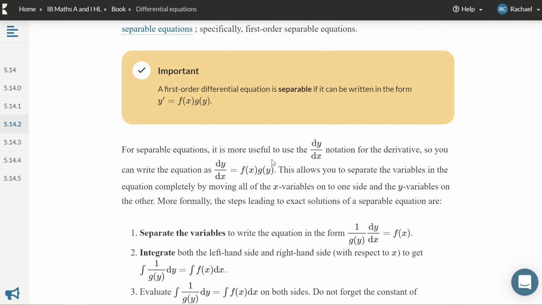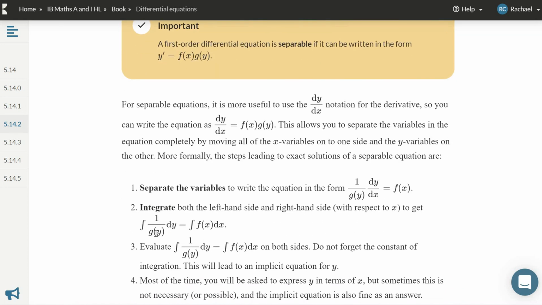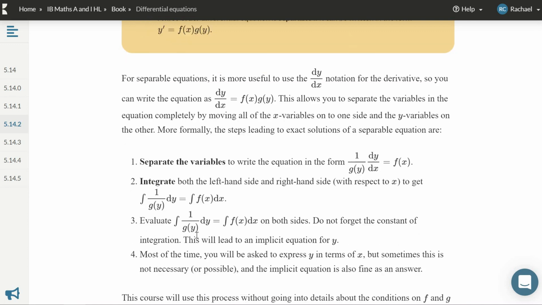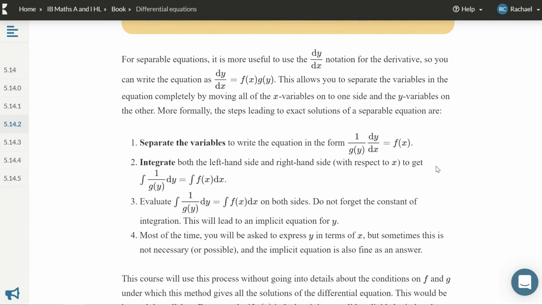For separable equations, it's more useful to use the dy dx notation instead of y prime, because then you'd be able to separate the variables to get both on one side, and then you integrate the variables and evaluate the integrals, and then you don't forget about the constants.